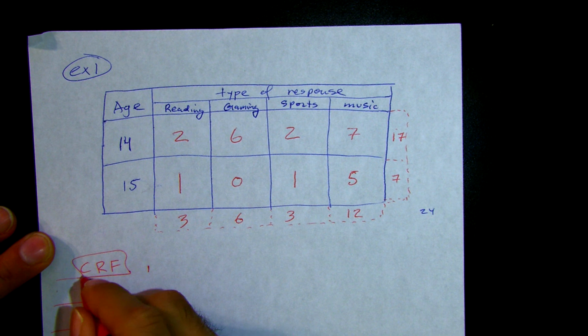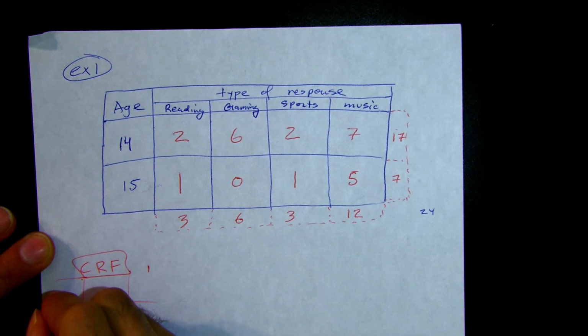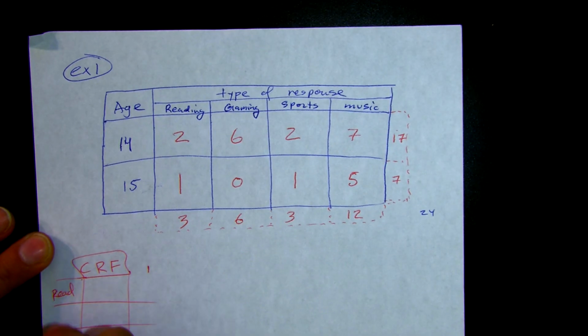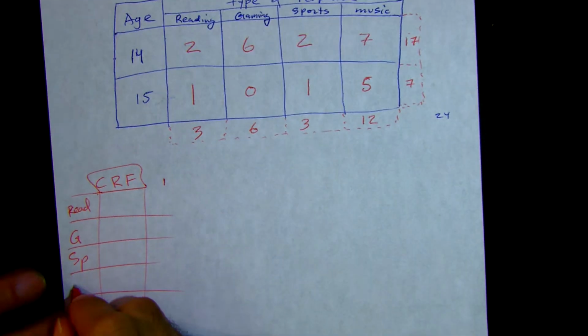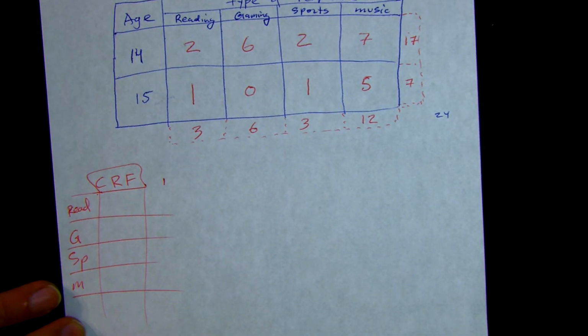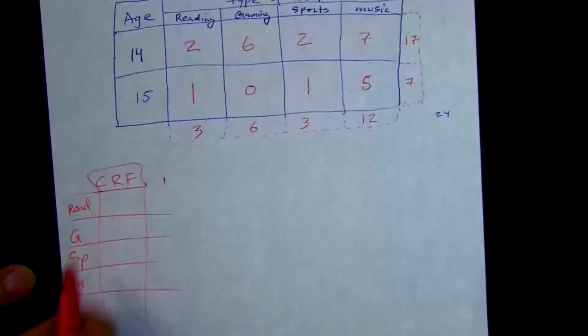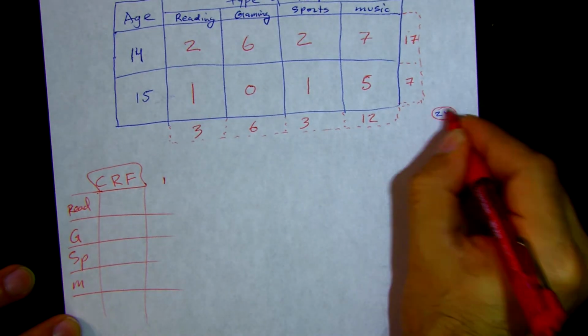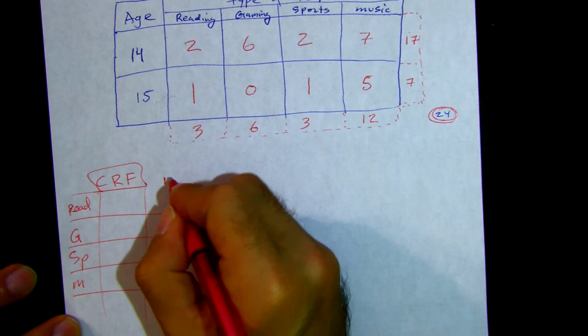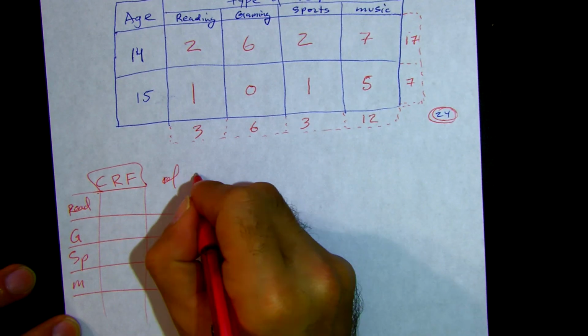I'm going to write it like this. Set it up just like a table, guys. We're going to have the CRFs right here, and we're going to have reading, gaming, sports, music.